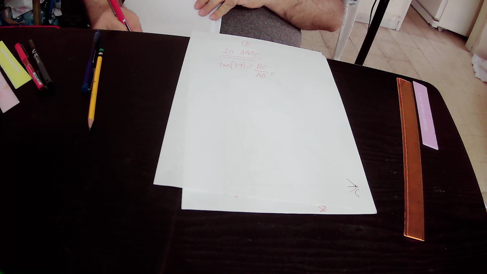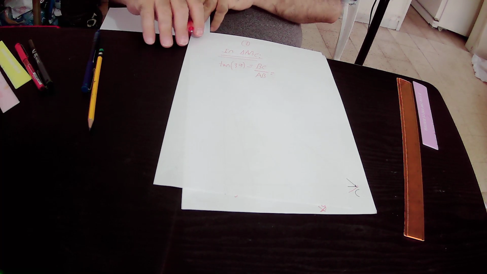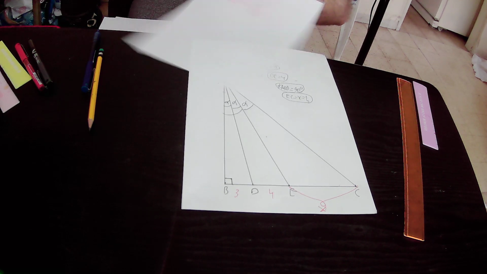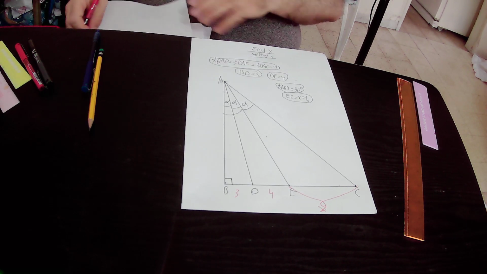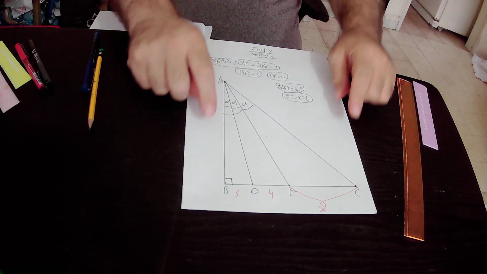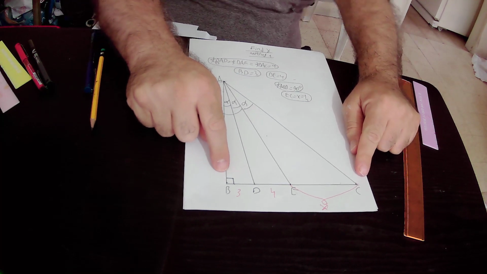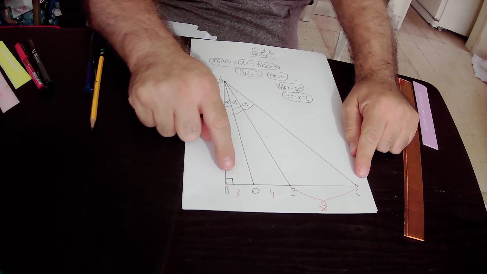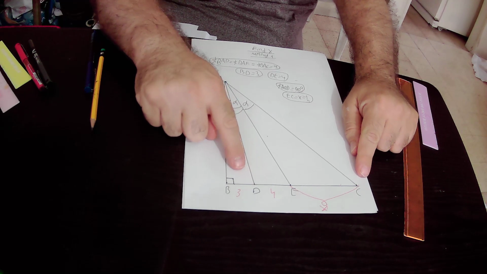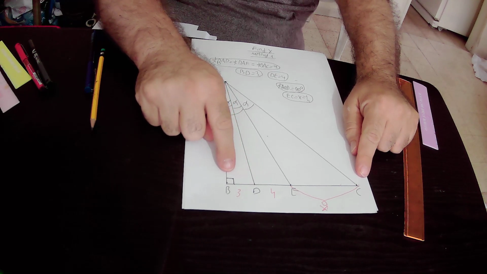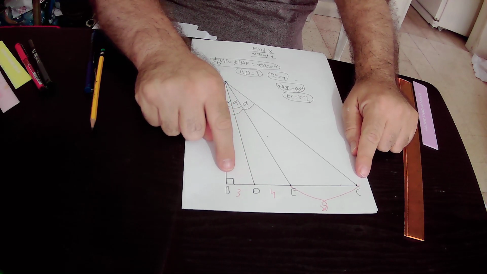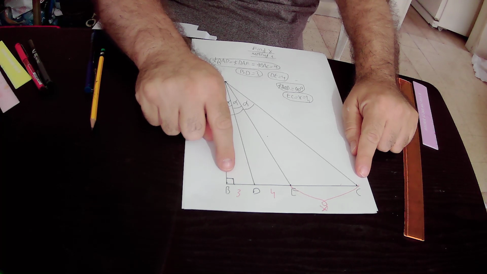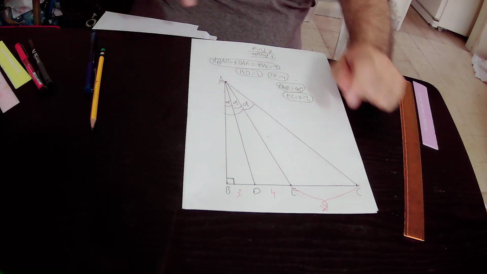Okay, but what is the value of BC? From the drawing you can see that the value of BC is 3 plus 4 plus x. 3 plus 4 is 7, so the total size of BC is actually 7 plus x.